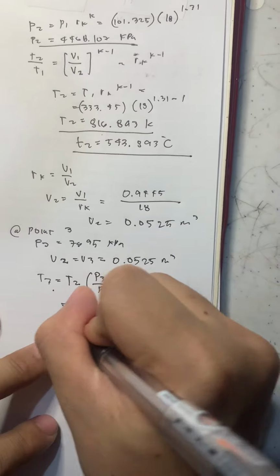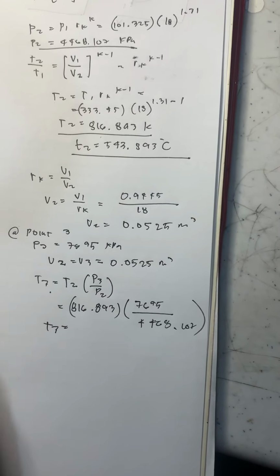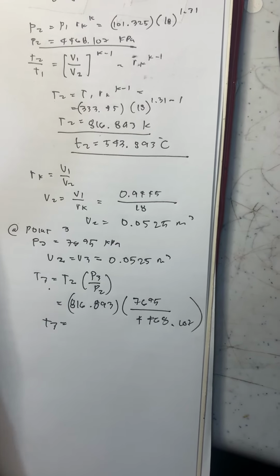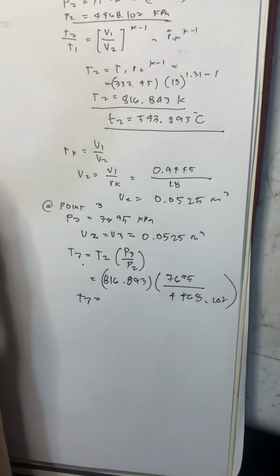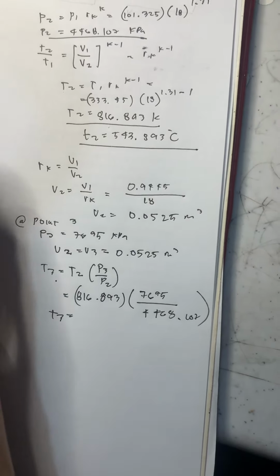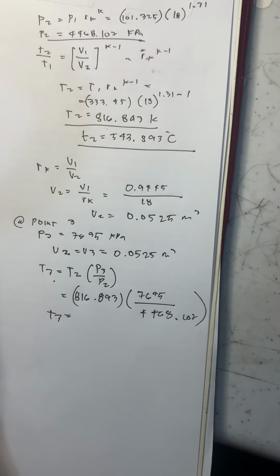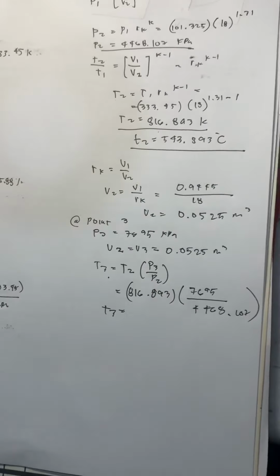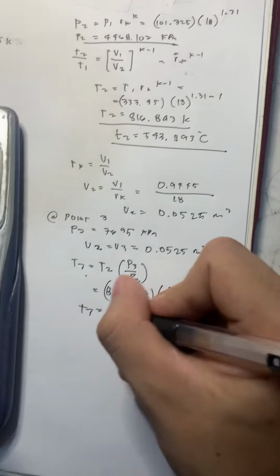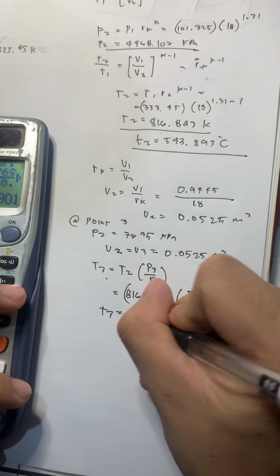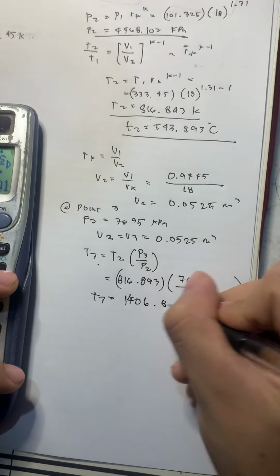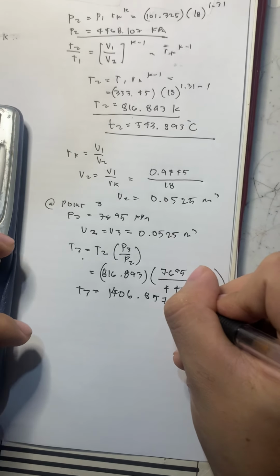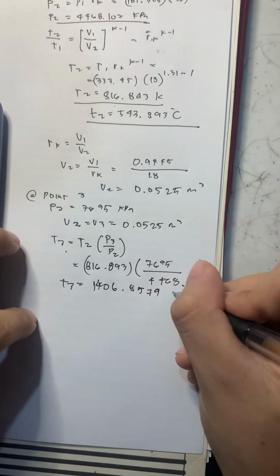Solving for T3, T3 is equal to 816.893 times 7695 over 4468.107. T3 is 1406.857 Kelvin.